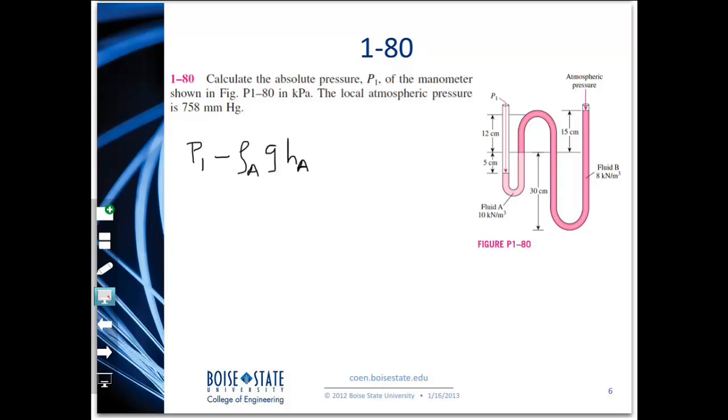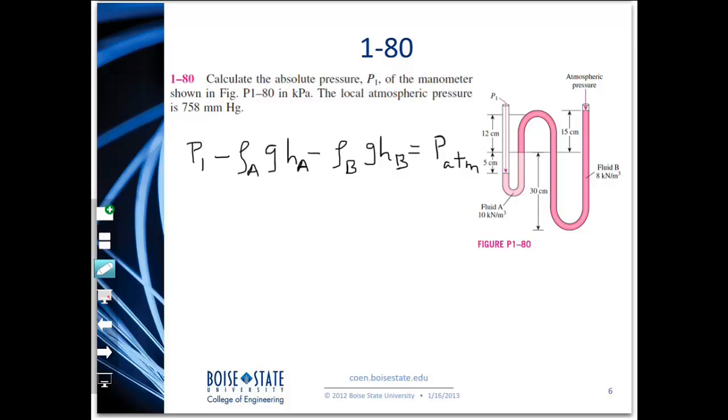Similarly, the same pressure will be seen here. If you go up again on this tube, again by our convention, it will be minus rho B g HB, and finally it has to equal the atmospheric pressure, P atmospheric.